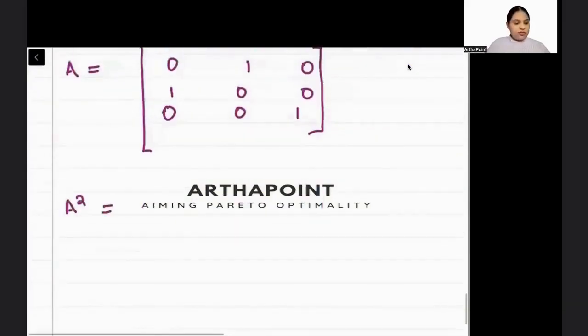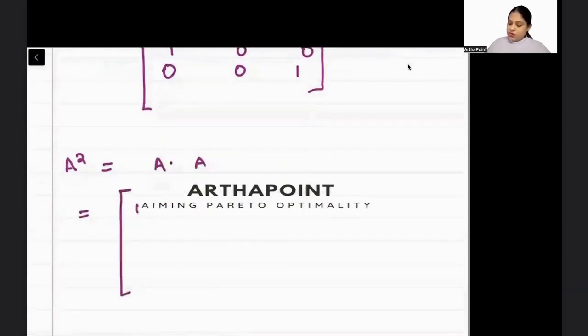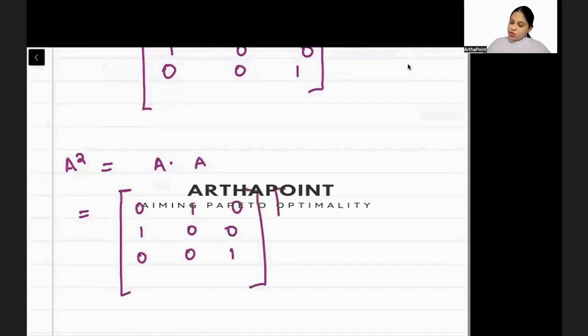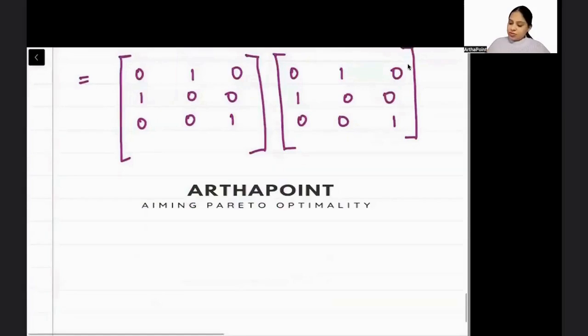So A square will be A into A. It will be 0 1 0, 1 0 0, 0 0 1 into 0 1 0, 1 0 0, 0 0 1. ठीक है, क्या आ जाएगा बेटा?